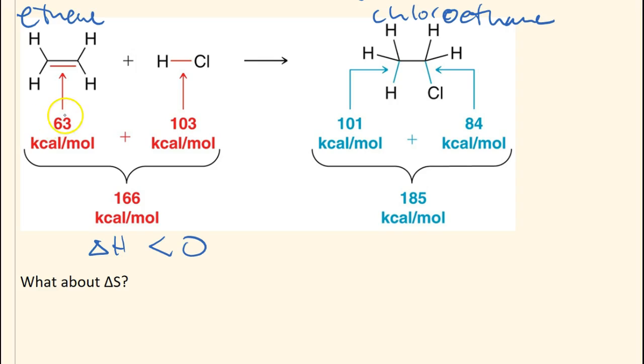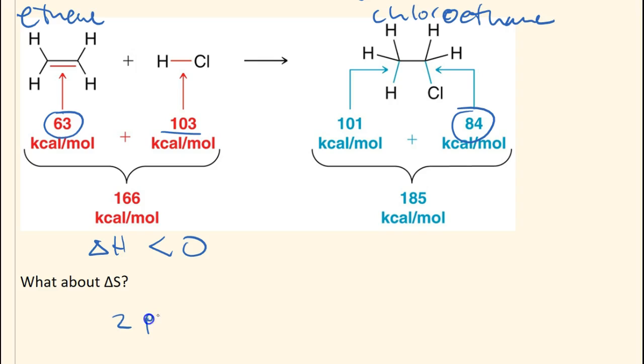You can see the pi bond is at 63 kilocalories per mole and the C to Cl sigma bond is 84. Okay. And we also end up with a C to H bond that is about equal to the H to Cl bond. Okay. As far as delta S goes, we are decreasing the number of freely moving particles, right?